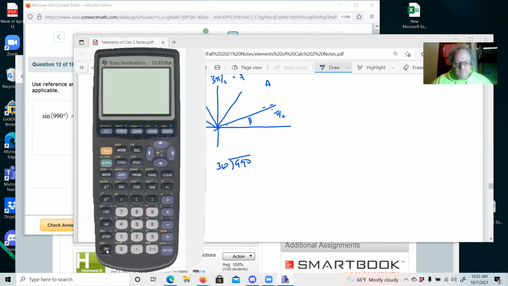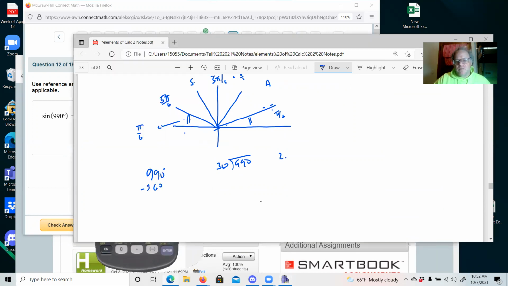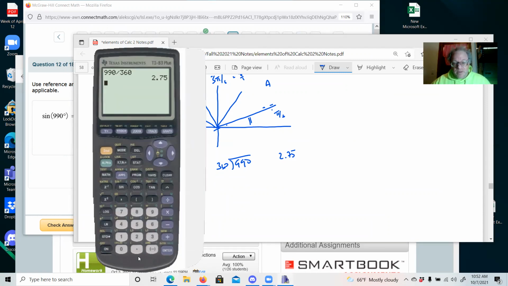We want 990 divided by 360. It's 2.75. So 360 is a whole way around, so this actually is minus 360. What are we going to end up with? We have 990 minus 2 times 360.